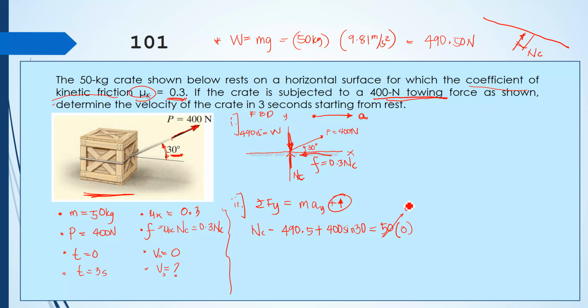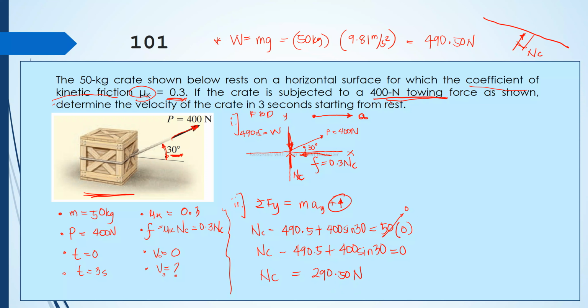So we are left with the normal force minus 490.5 plus 400 sine 30 is equal to 0. And then from there, we can solve that our normal force is just equal to 290.50 newtons.